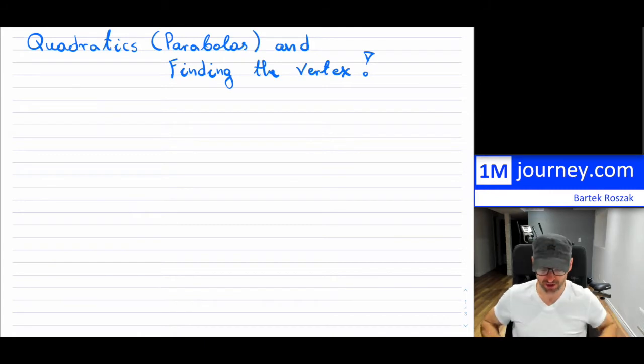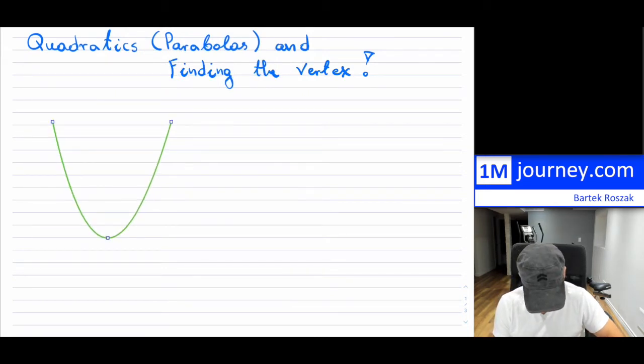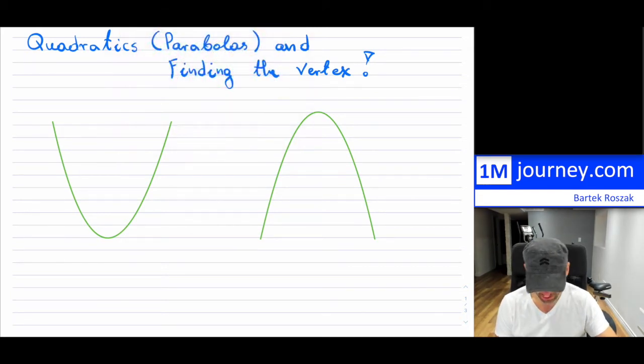Now, parabolas basically either open upwards or they open downwards. So you have something like this. So you either have a parabola like that, or it's going to look like that. Now, the vertex itself is always known as simply the minimum or the maximum point on the parabola.